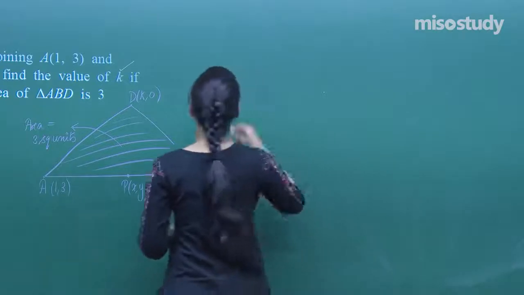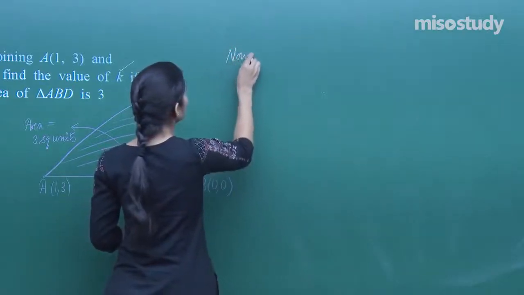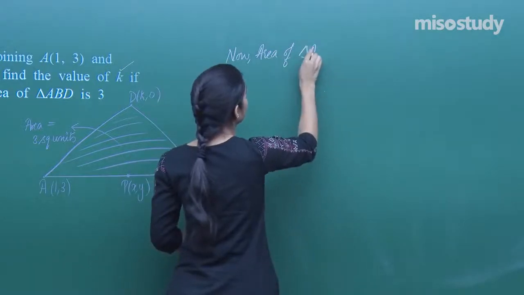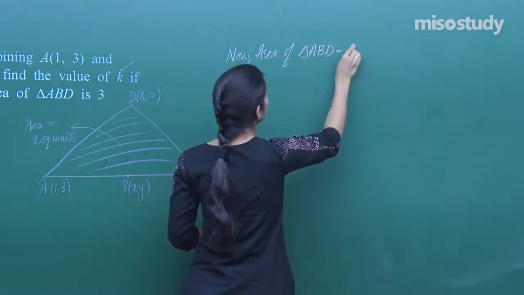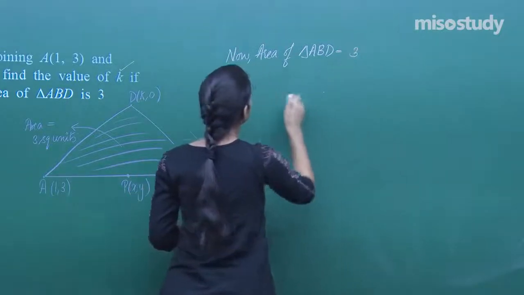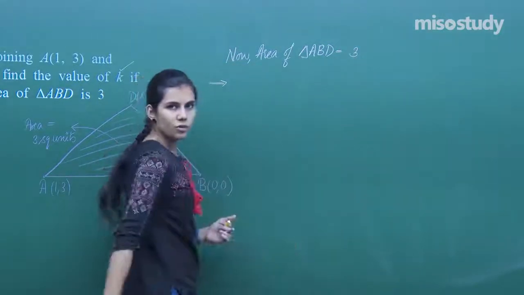So now, the area of triangle ABD is 3 square units. Area is always a non-negative quantity.